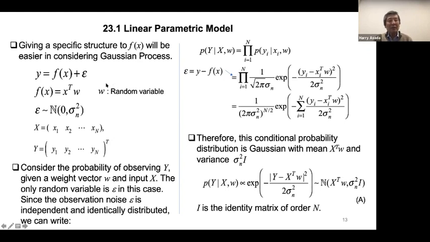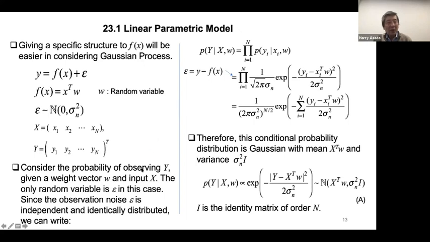We assume linear regression of this form, and the observation comes with this noise epsilon. This is the data we use. Consider the probability of observing y given a weight vector w and input x. What is the probability of observing y? That is the probability of y given x and w.